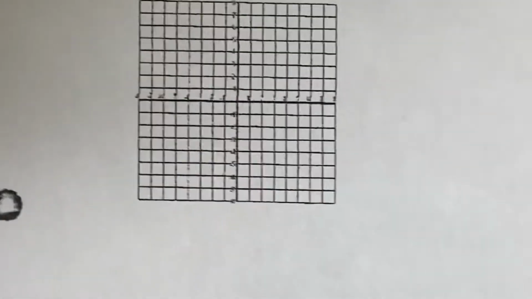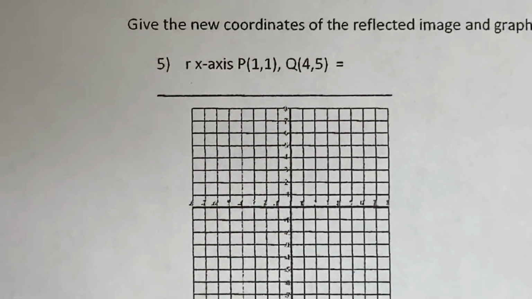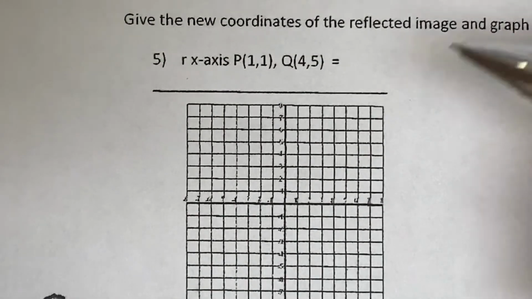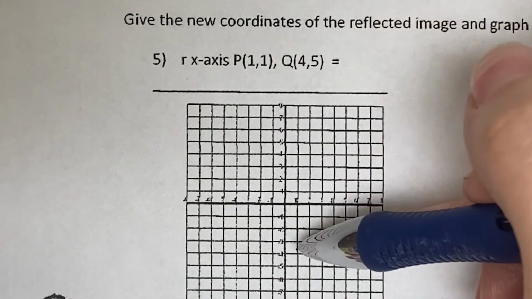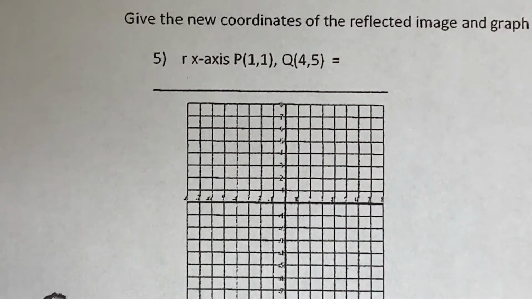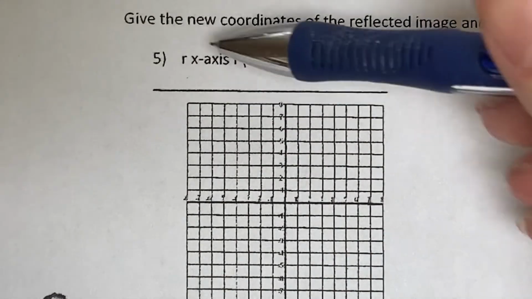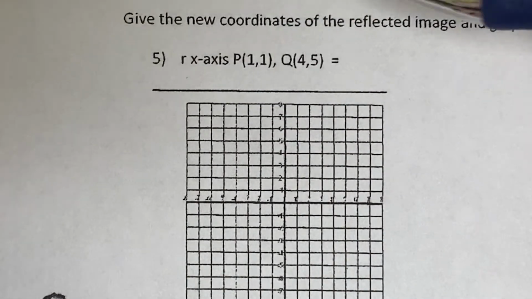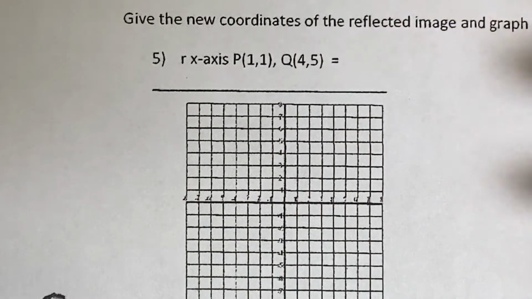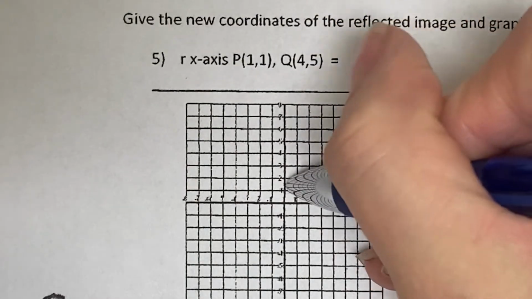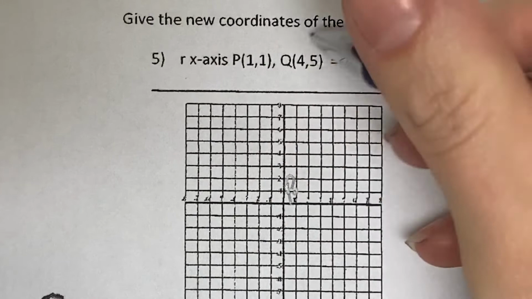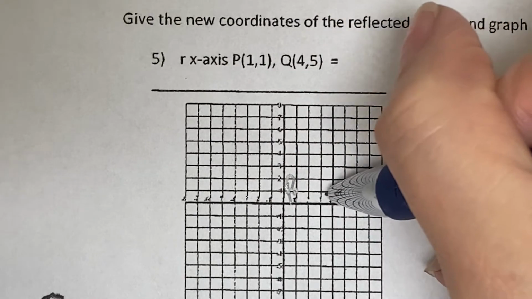Alright, for a reflection, we will usually be reflecting over an axis, either the y-axis or the x-axis, not always. So we're going to reflect over the x-axis, and we have point P, which is at 1, 1, and Q, which is at 4, 5.